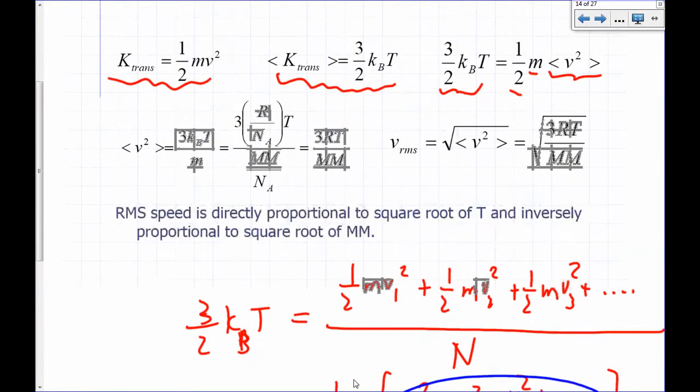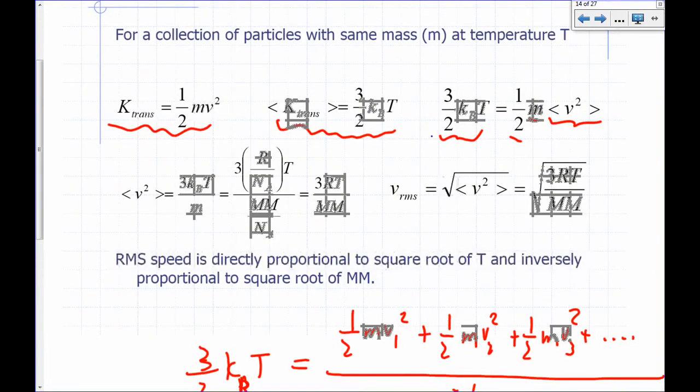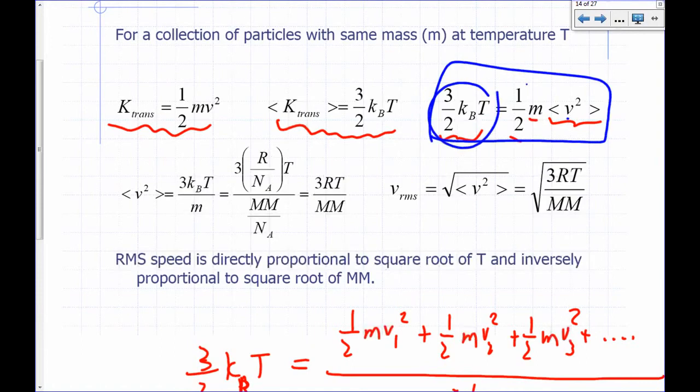All right. So the average of the square of the speed, you can solve for that, is 3/2 kT divided by 1/2 m. So what would that be? You can see the 2 cancels out, so that just gives you 3kT divided by m. And k, if you recall, is just R divided by Avogadro's number.